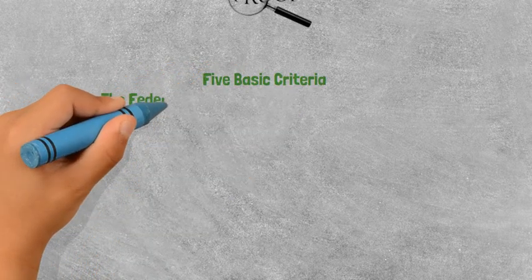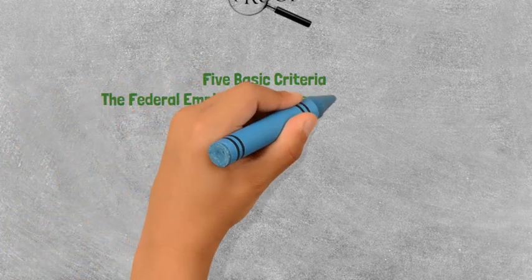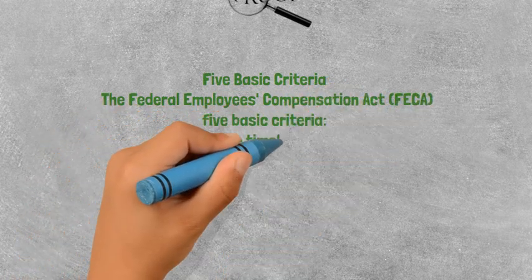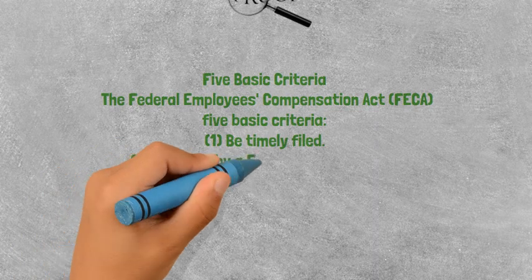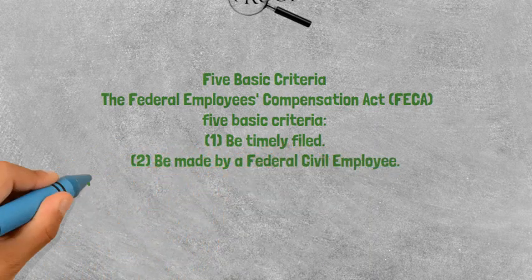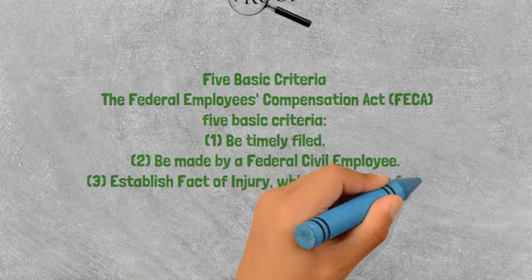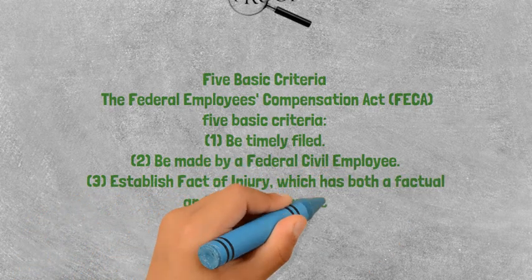Now, the 5 basic criteria are also known as elements that the Federal Employees' Compensation Act, or FECA, requires. The 5 basic criteria are: 1, be timely filed; 2, be made by a federal civil employee; 3, you have to establish as a federal employee a fact of injury, which has both a factual and medical component.